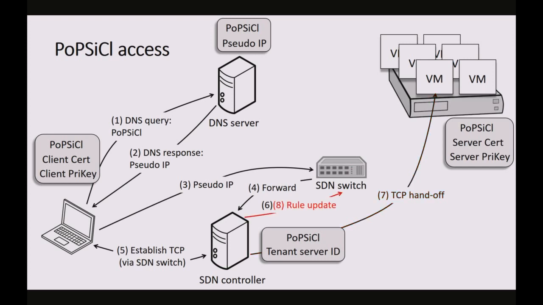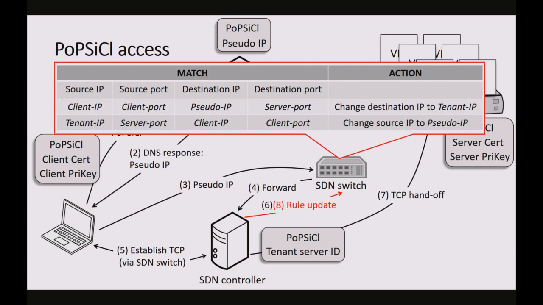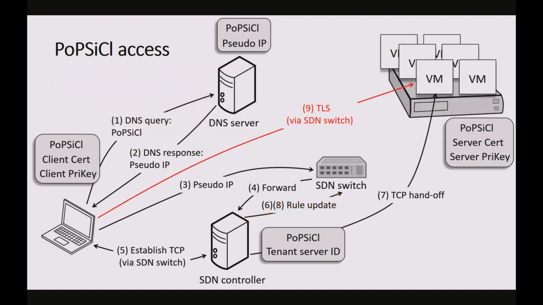And then the controller will update that first rule that was dropping new inbound traffic from that client to the server to simply say, okay, let it go now. We're going to remap anything coming in for the SDN controller from that particular client server port to the tenant server that it was trying to access.